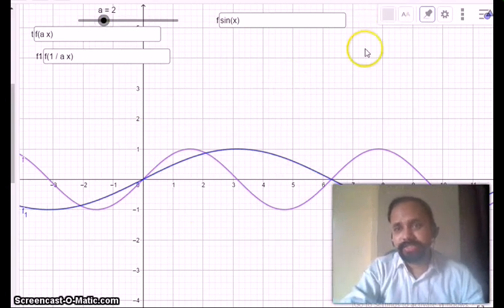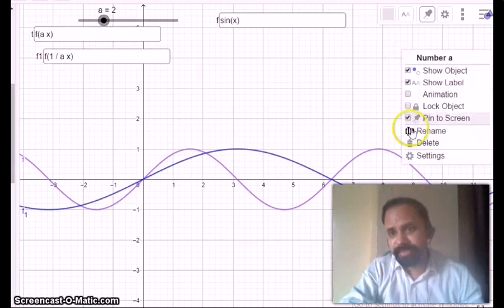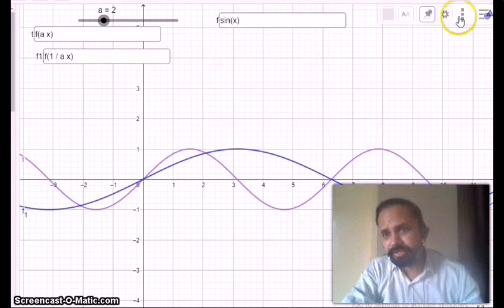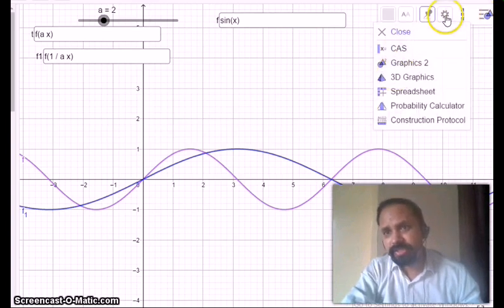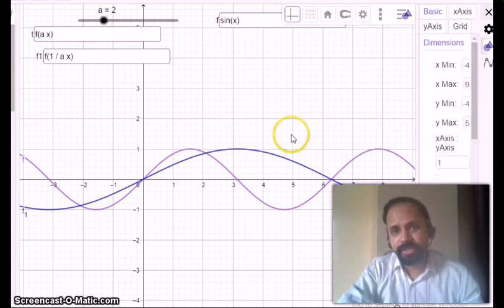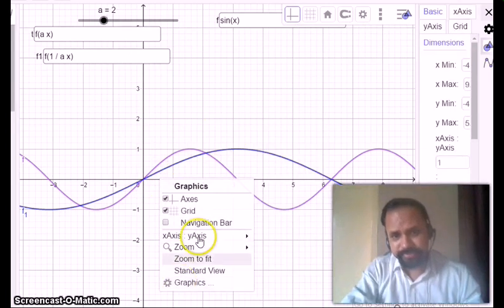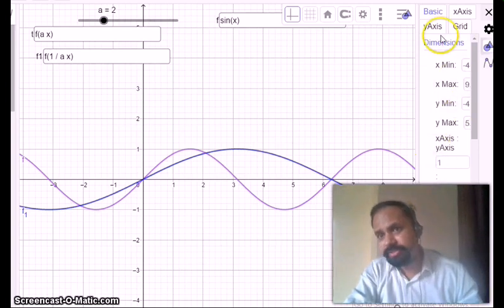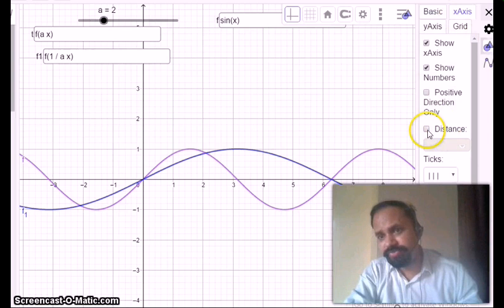If I change some settings here, if we come to the x axis, okay, if we change the setting of the x axis, then the x axis is 0 to pi.